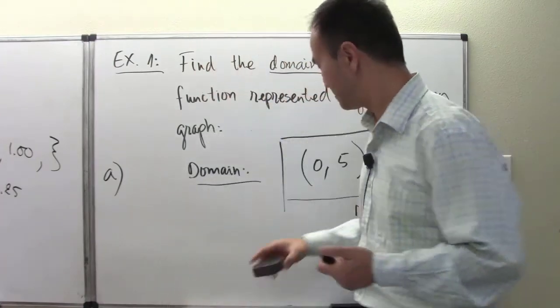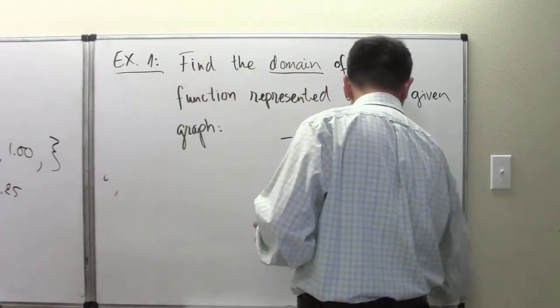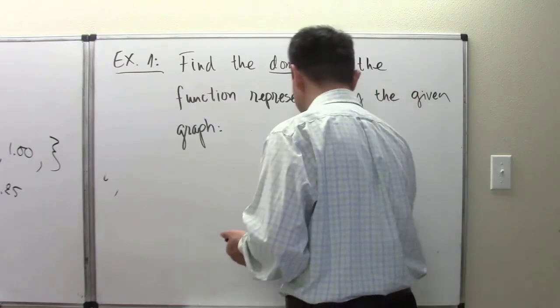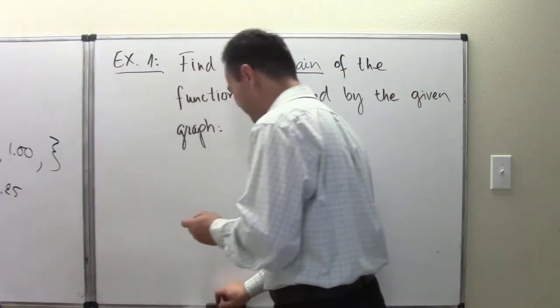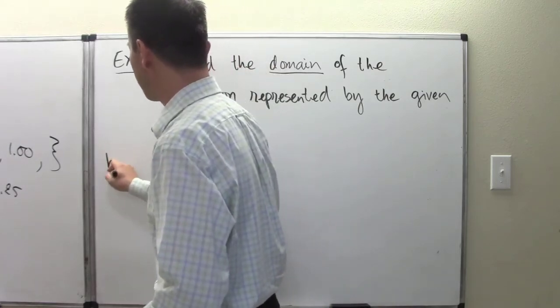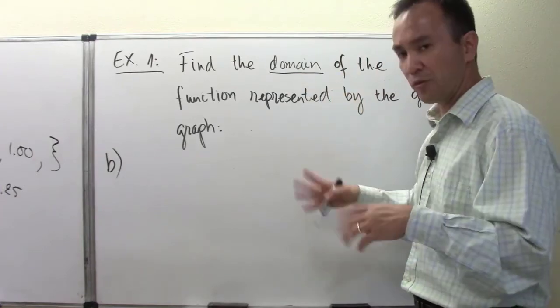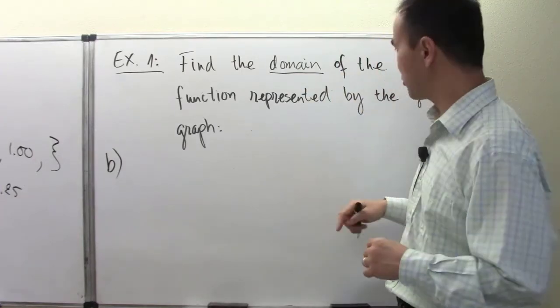All right, so now after that example, let's erase the board here, erase part A, and let's look at another graph. And so now we have part B. Find the domain, and of course at this point in interval notation.